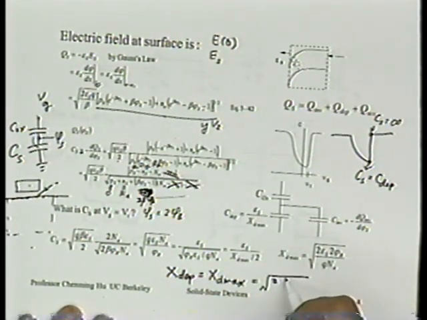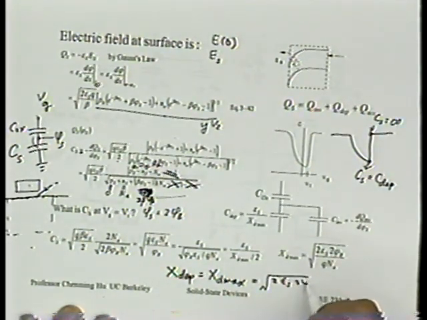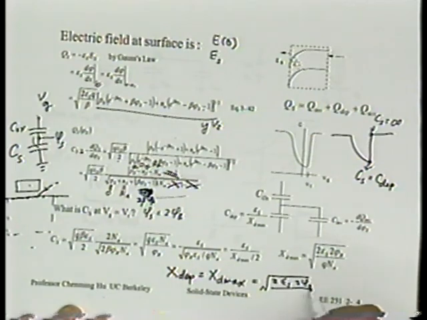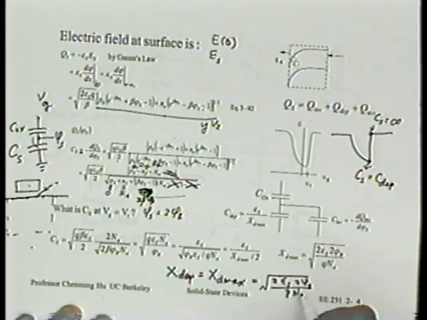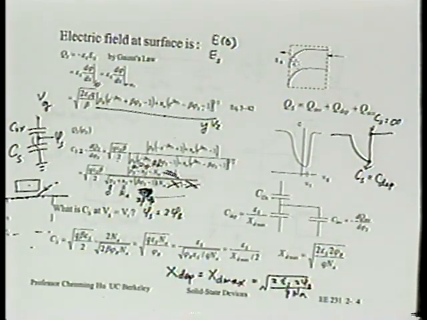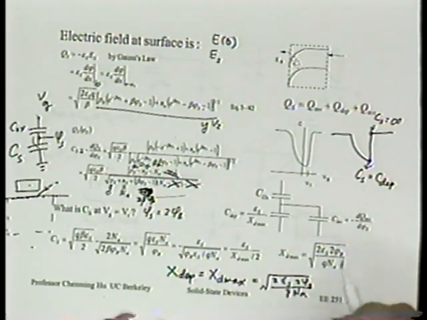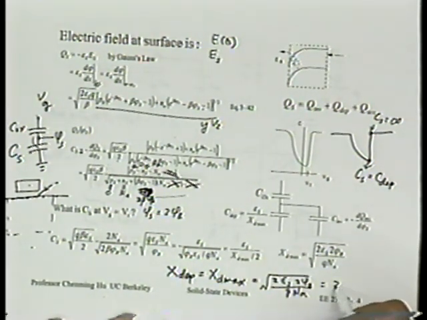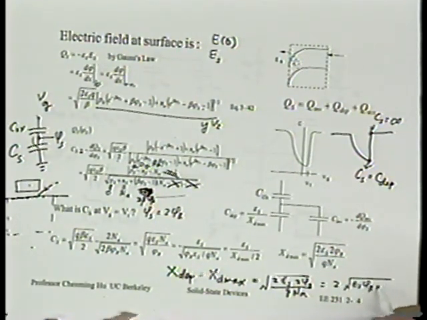It's the square root of 2 epsilon s times 2 phi b divided by QNA. Do you agree that's the expression for the depletion layer thickness? Very good, all right? And therefore it's equal to, I'll take a 2 out, 2 times epsilon s phi b over QNA, all right?